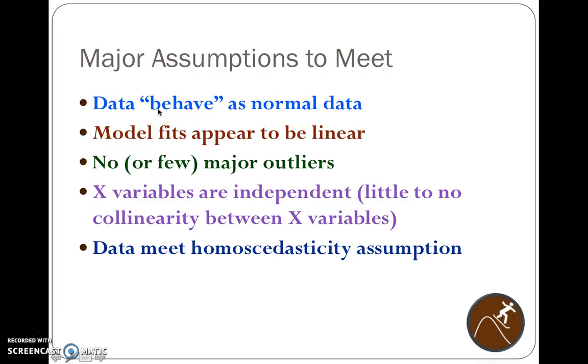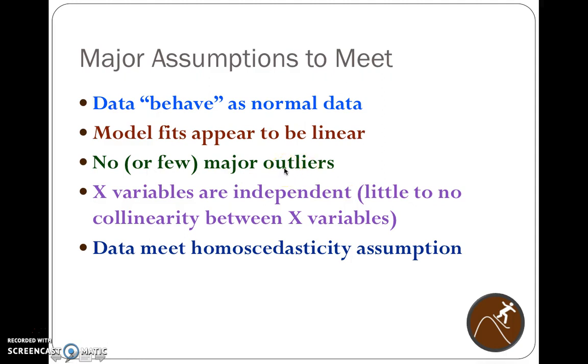Now with regards to the actual model, we need to ask ourselves, are our data behaving as normally distributed data? So we have to check the normal assumption. We have to see if our model, or at least our fitted model, looks like it's linear, because this is linear regression. We also need to check our model to see how well it actually predicts for every county in the United States, or see if we've got any major outliers.